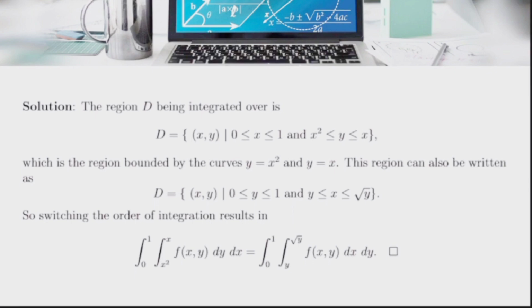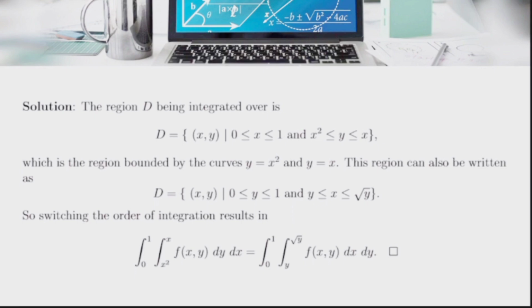This region can also be written as D equals the set of (x, y) where 0 is less than or equal to y, less than or equal to 1, and y is less than or equal to x, less than or equal to square root of y.